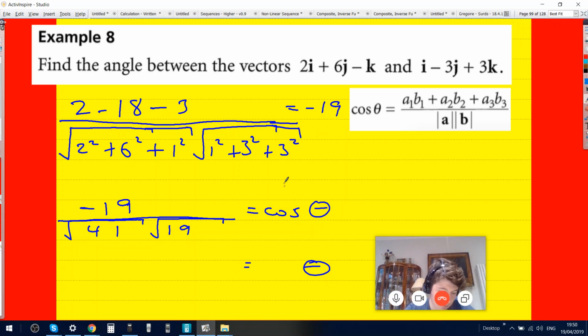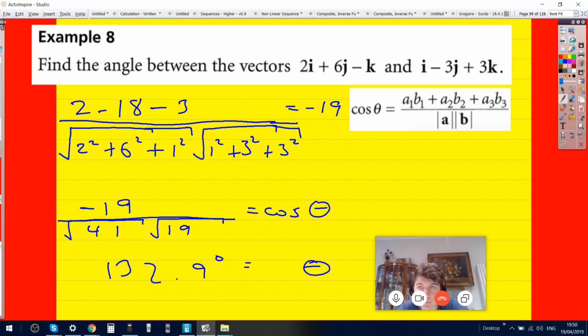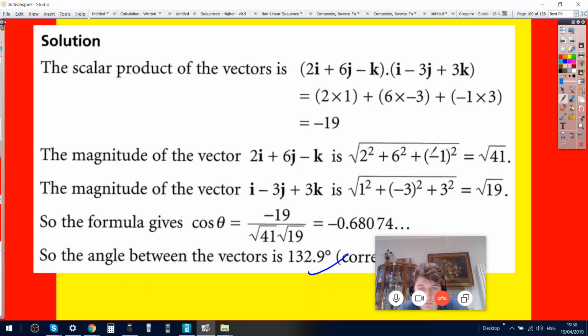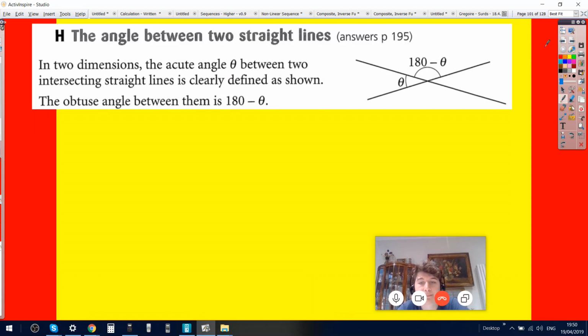Might as well. So 132.9 degrees. Yeah, 132.9. The angle between two straight lines.